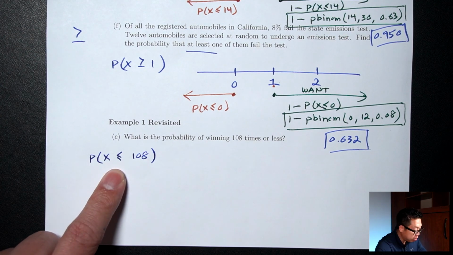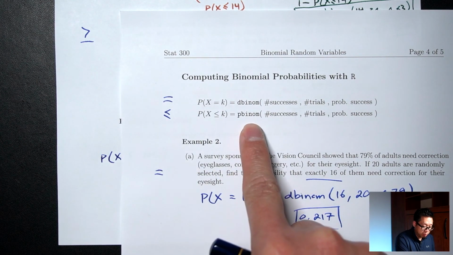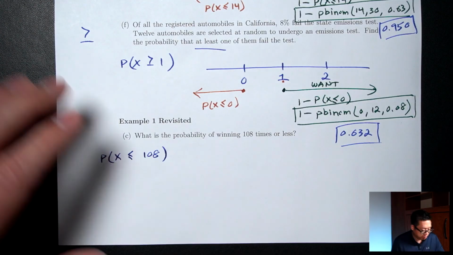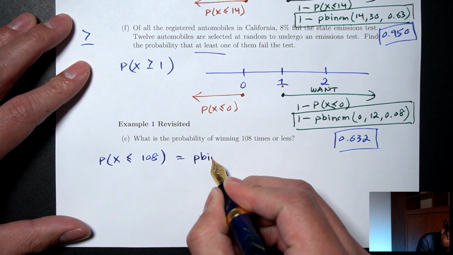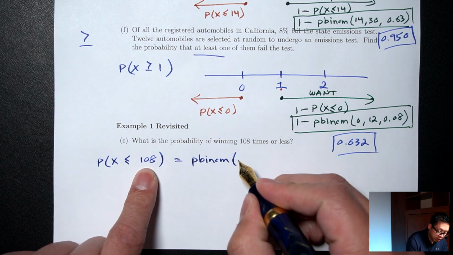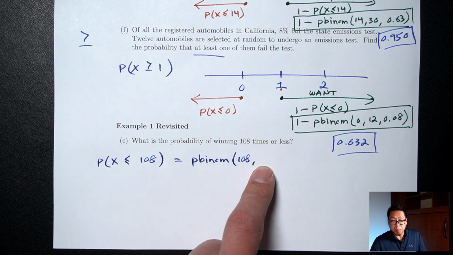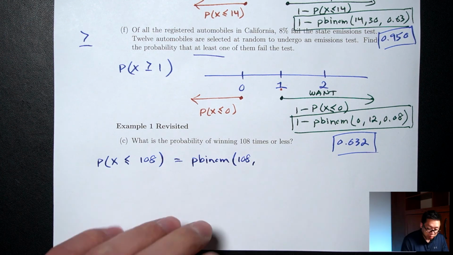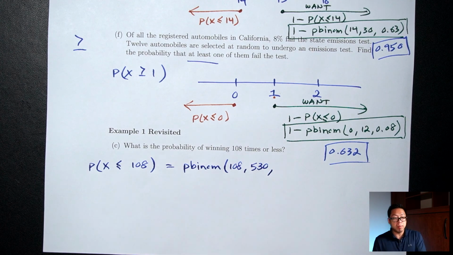Less than or equal is one of the ones that R does directly. So this is going to be just a p binomial. Number of successes, that's the 108. Comma, number of trials. How many times did we play this game? We played this game 530 times. Probability of success.